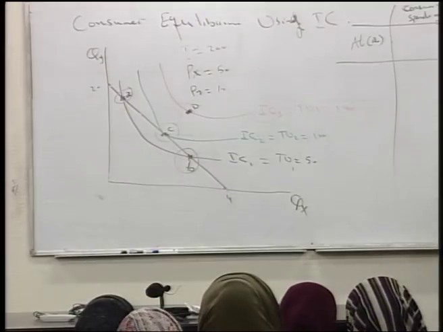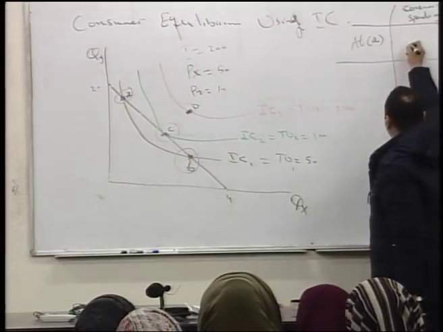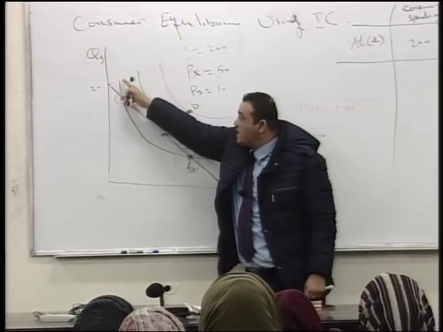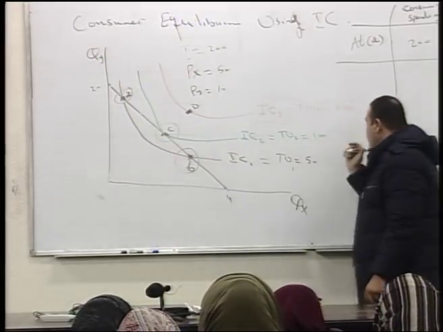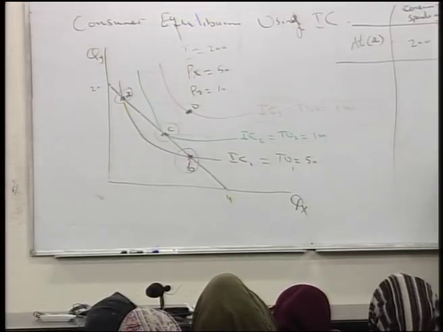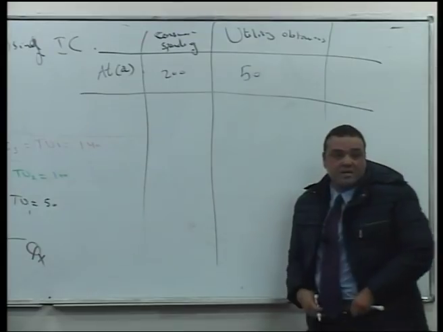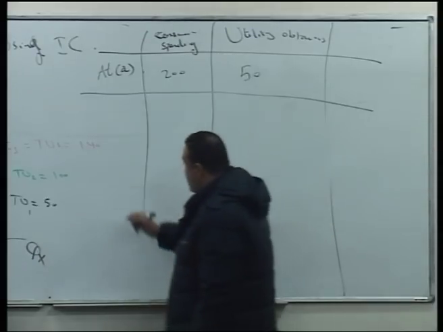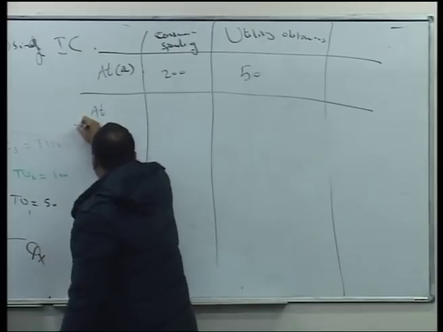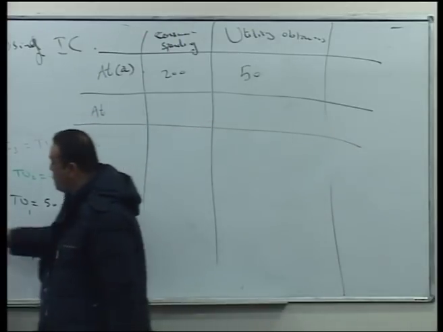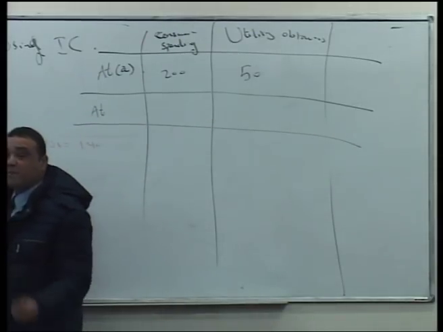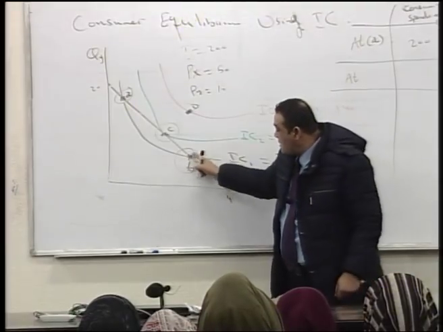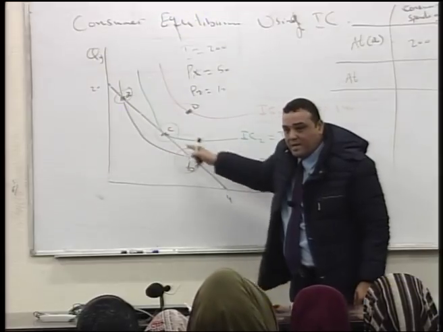In this example, the consumer spends 200 at A. He spends 200 and gets how much? 50 utils. The satisfaction or total utility obtained equals 50 units. At B here, he spends 200 because this point lies along the budget line.